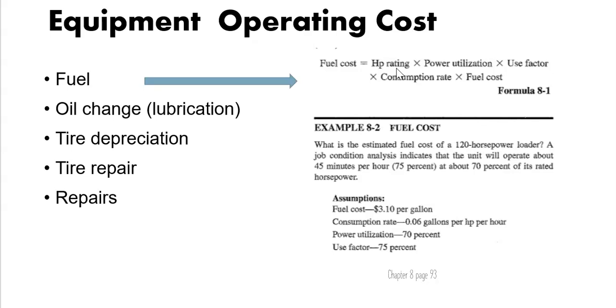And use factor is the efficiency, like how much per hour you have your machine in use. It's usually between 30 to 50 minutes in your job site that you have the machine ready to use. And consumption rate is I would say more of a generic item.